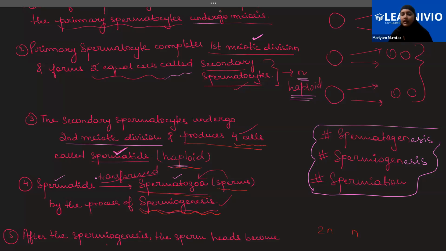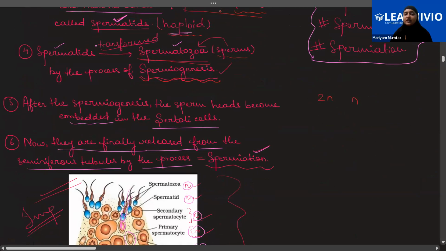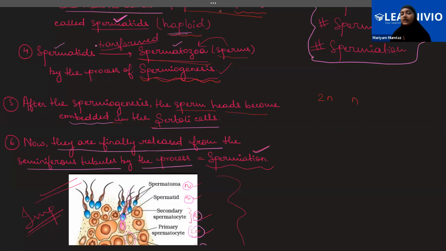Now, after spermiogenesis, the sperm heads become embedded in the Sertoli cells. Where were Sertoli cells present? In the seminiferous tubules. Towards the outside or the inside?